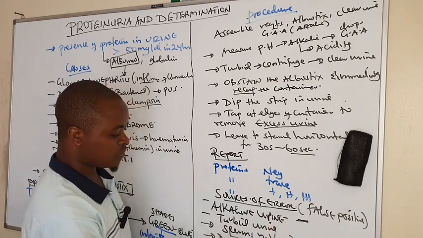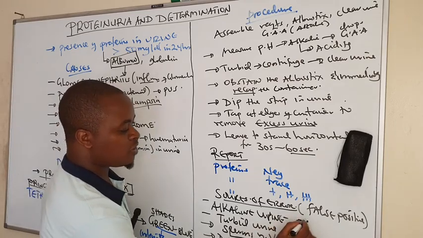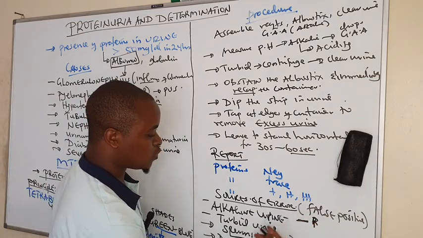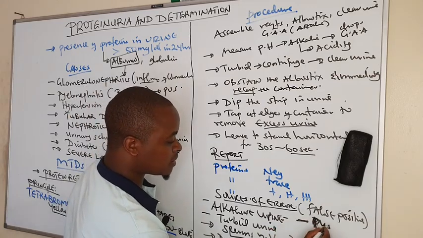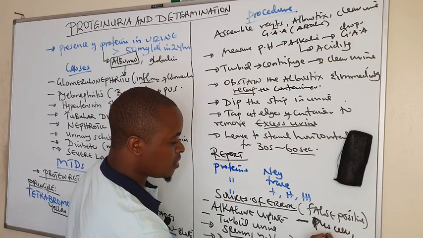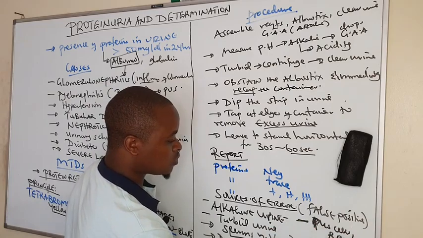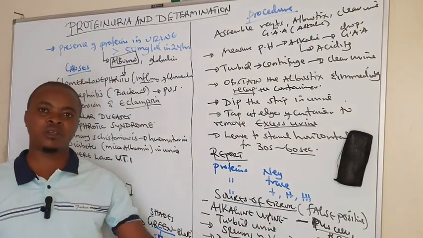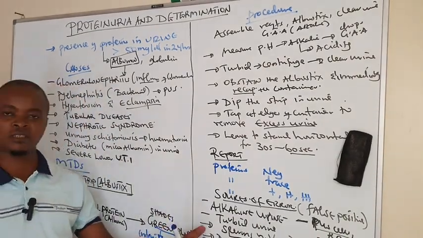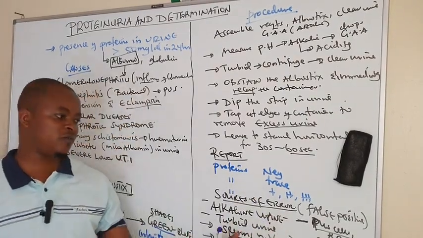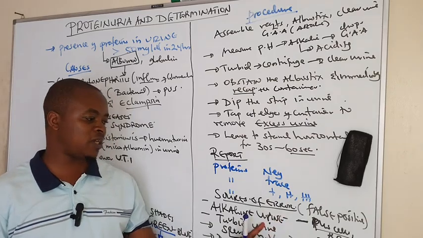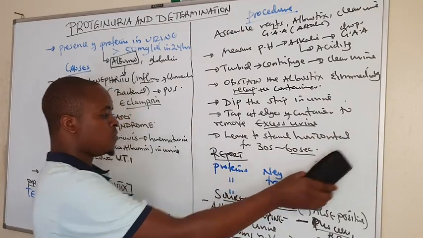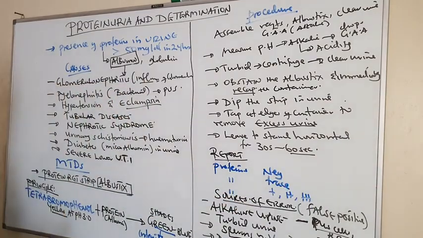If the urine also contains red cells, or much pus cells, it can also react. But majorly pus cells also make a false positive proteinuria. So it is very important to know the causes of false positive so that you don't say someone has proteinuria in these conditions.